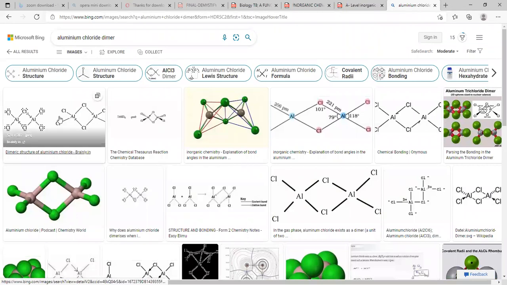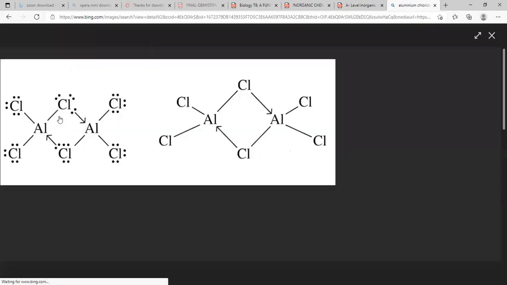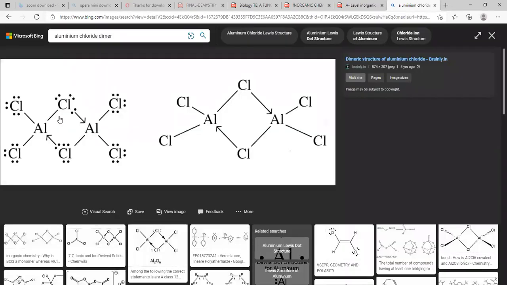Look at this diagram. It is more clear. This is the dimer of aluminium chloride. So both beryllium chloride and aluminium chloride give us a dimer.